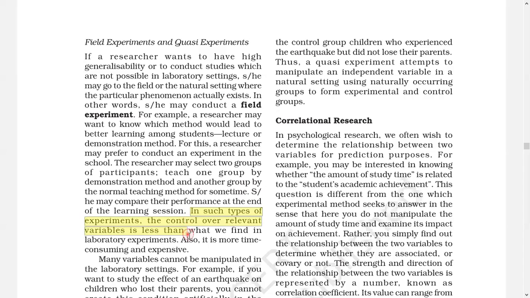In such a type of experiment, the control over relevant variables is less than what we find in a laboratory experiment. Laboratory experiments are fully controlled, but here it will be a little less. So the population has to be larger and the data has to be increased.